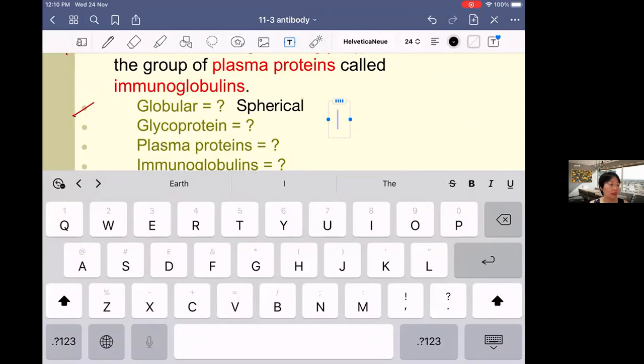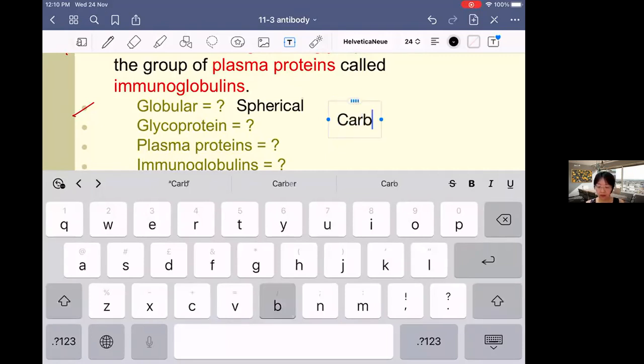The lipid. Lipid? No, cannot be. You know it's glycogen, right? So what is the monomer of glycogen? Okay, so someone typed the answer just now. Let me see. The carbohydrates. Yes, carbohydrate. Protein with carbohydrate. Correct. Glyco means carbohydrate, right?